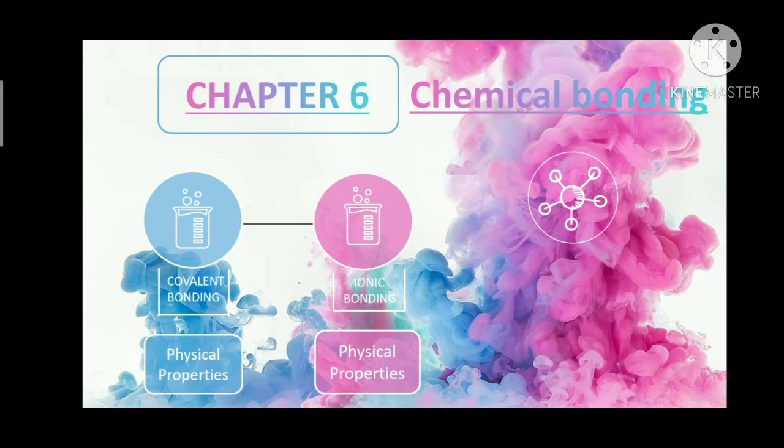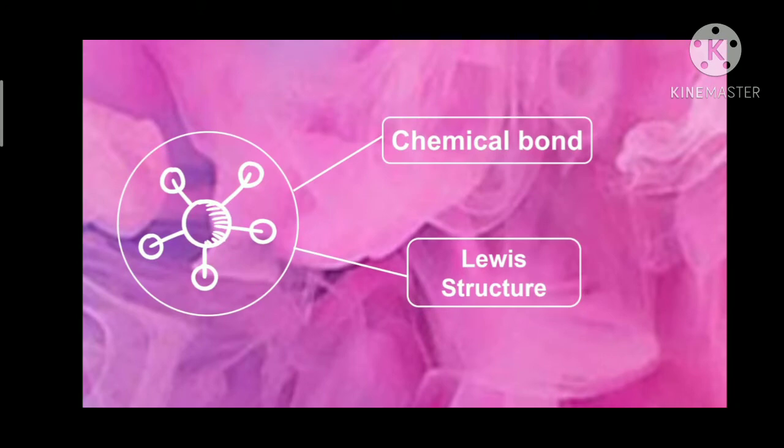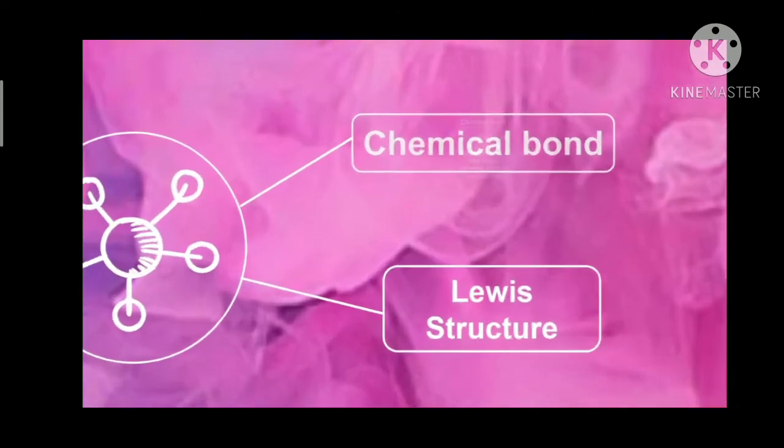The topic I choose to present in this video is ionic bonding and covalent bonding in chapter 6. Before discussing this topic in more depth, I would like to introduce the meaning of chemical bonds.